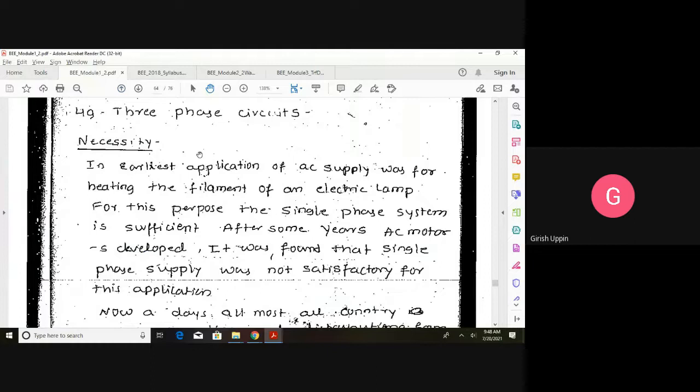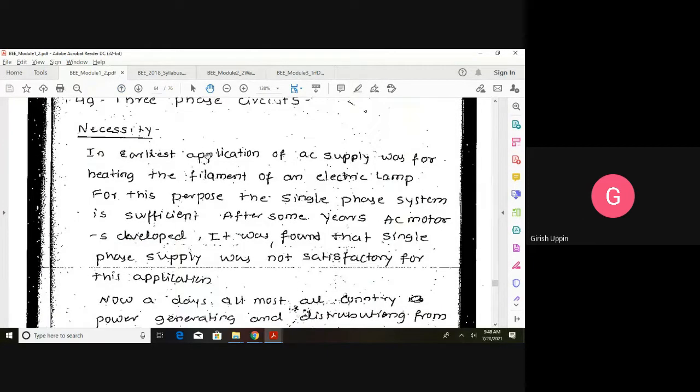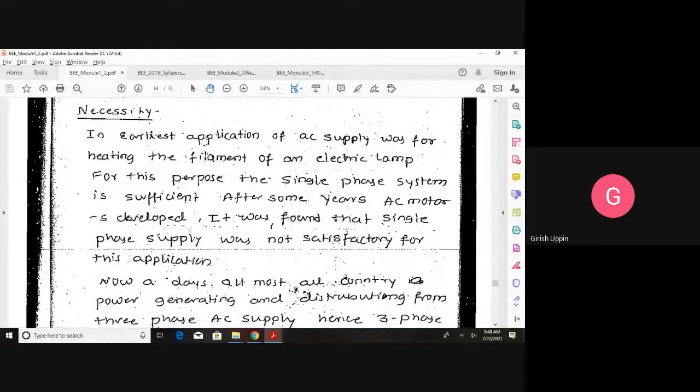Okay, so three-phase circuits. What is the necessity of three-phase circuits? In the earliest applications, AC supply was for heating the filament of an electric lamp, right? Earlier, most of the application was for lighting or heating purposes, and single phase was sufficient to take care of those kinds of things.